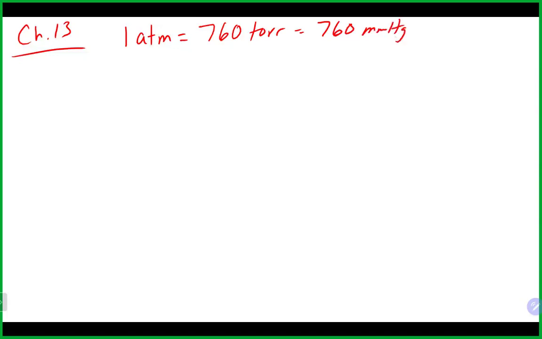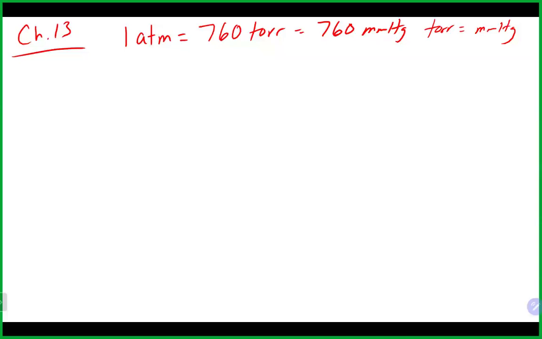As we talked about last time, there are other pressure units, but these are the three common ones we come across a lot. And obviously, that 760 number is the number to convert between torr, or millimeters of mercury, and an atmosphere. Remember also a torr and a millimeter of mercury are essentially the same thing. It's a one-to-one conversion between them.